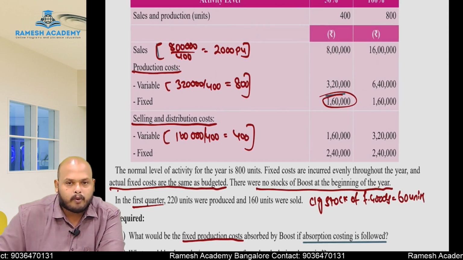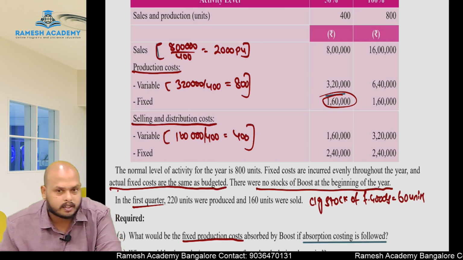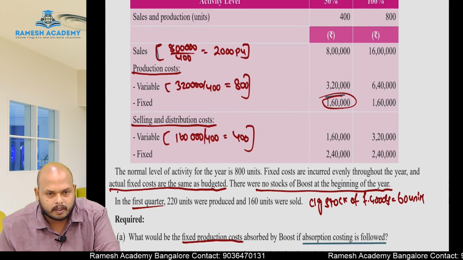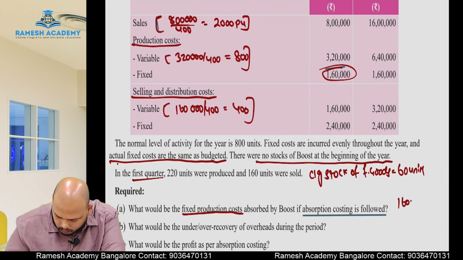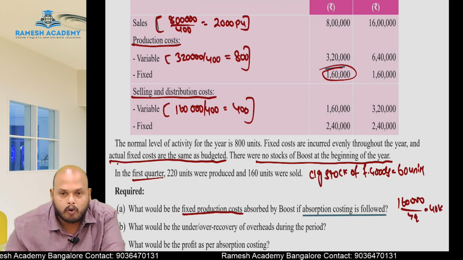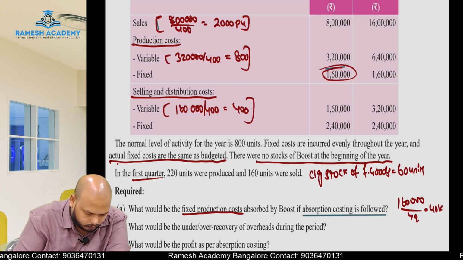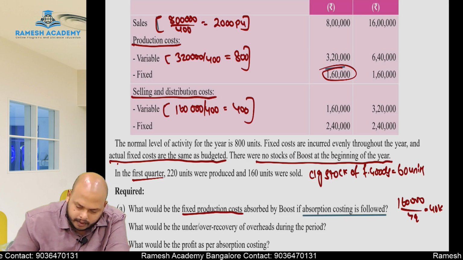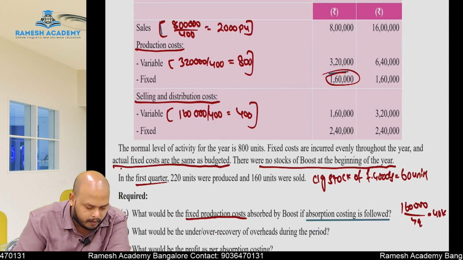1,60,000 divided by 4 quarters, as in a year there are 4 quarters. That is 40,000 per quarter. Now 1,60,000 divided by the 800 units produced per year is 200 per unit.